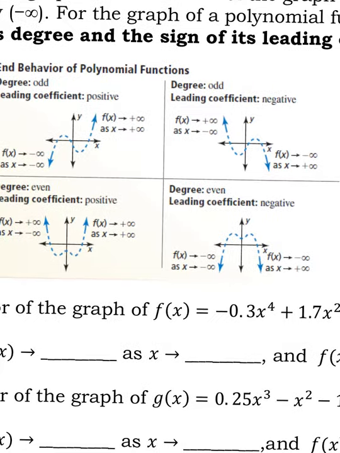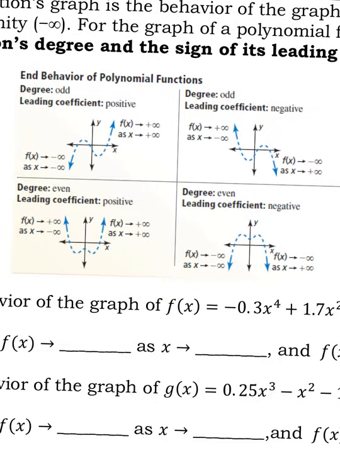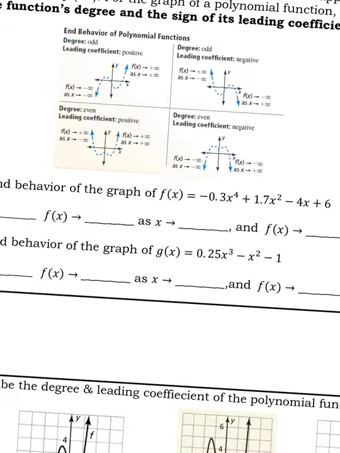So I think I just summed up everything right here. Even, both go up if it's positive, both go down if it's negative. Odd, and what I mean by both is the tails of the function, all right? And then odd is one up, one down, so it'll start down, up if it's positive, or it'll go up, down if it's negative. You can kind of think of it like that.